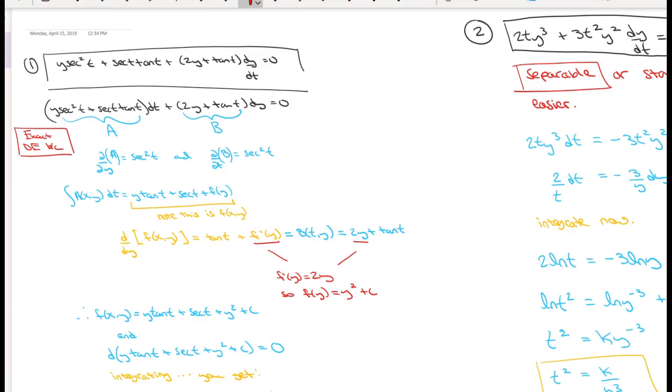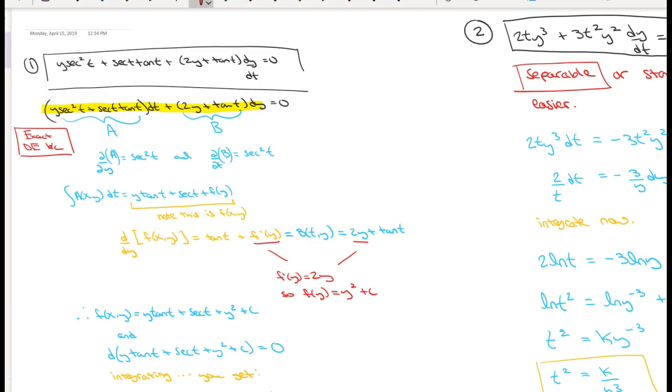The point here when you're using the exact differential equation method is to recognize that the left-hand side of the DiffyQ is the total differential of something, and your goal is to find what that something is. So that's what's happening here.